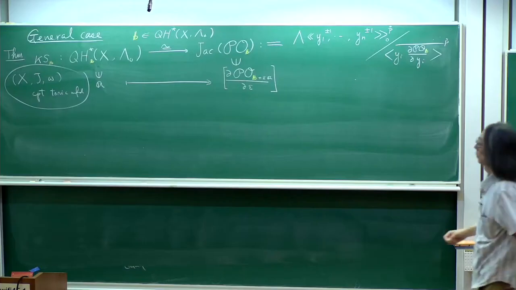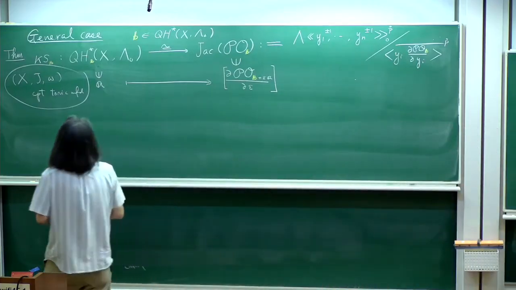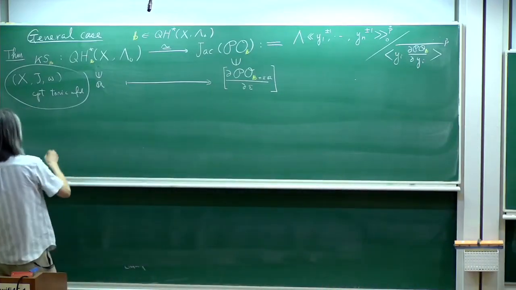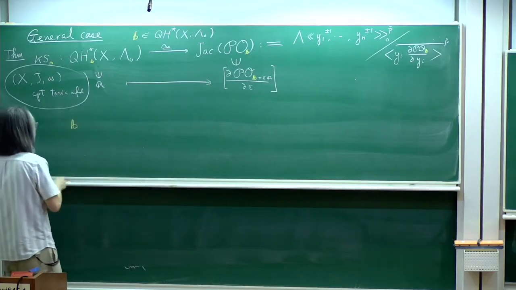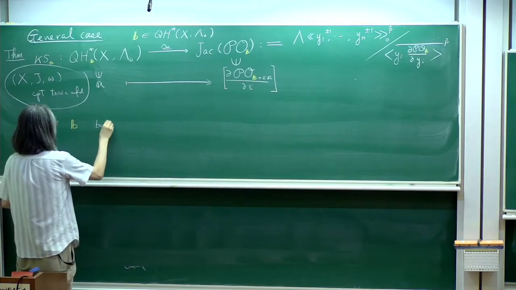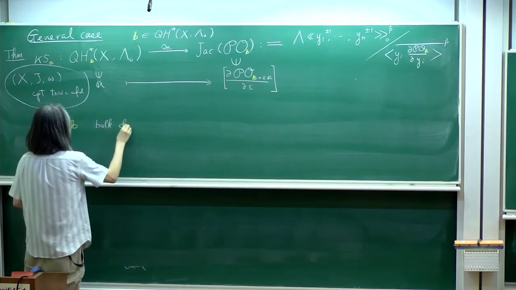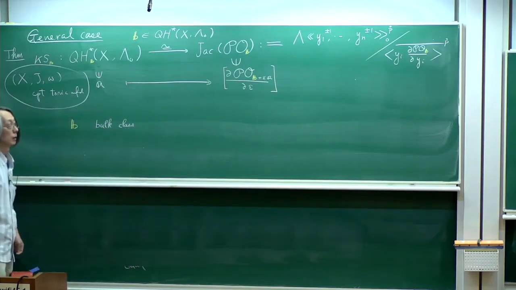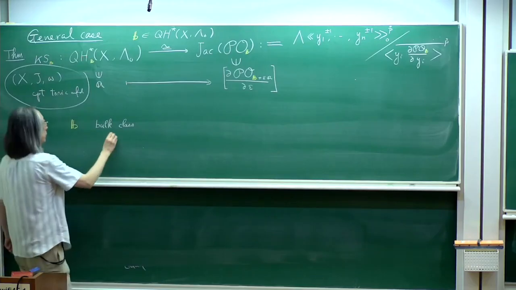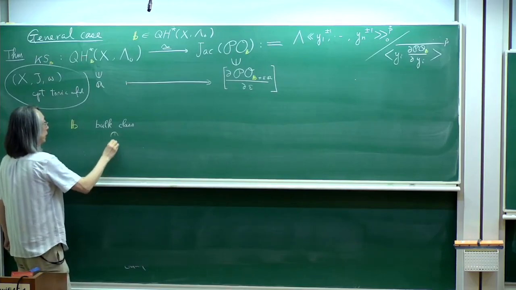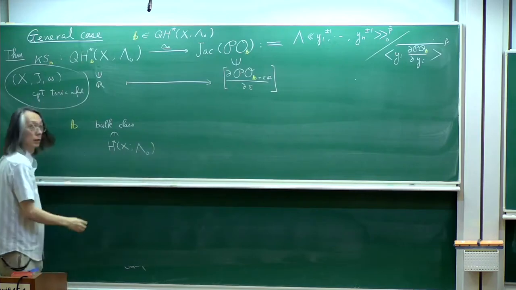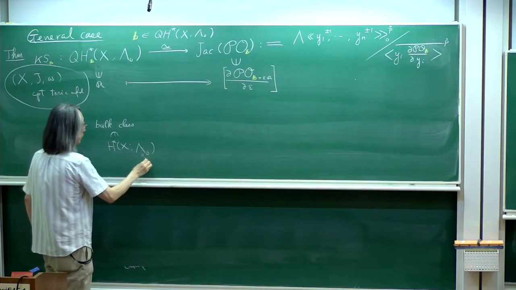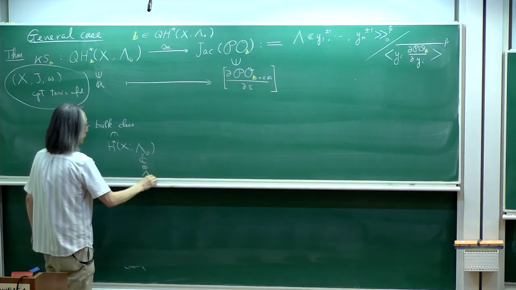So what is it? B is what we call the bulk class. It is in fact a cohomology element from the cohomology of this, and this is actually the sum of C plus lambda plus.